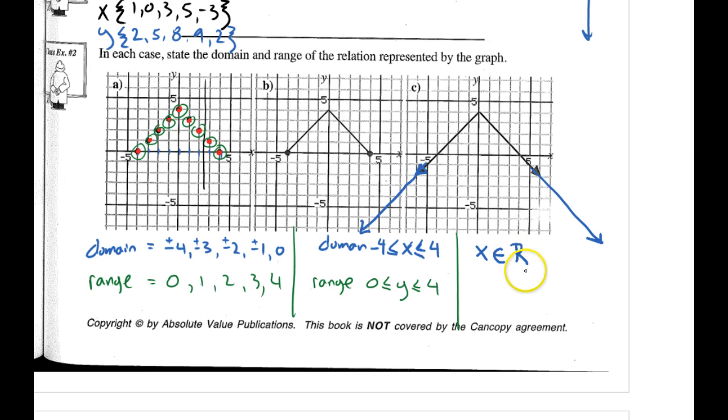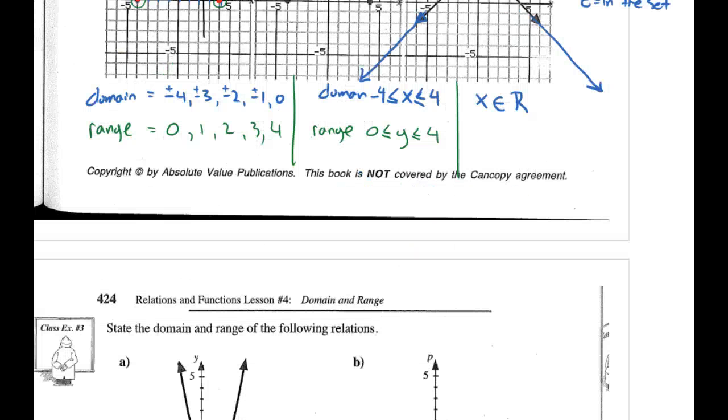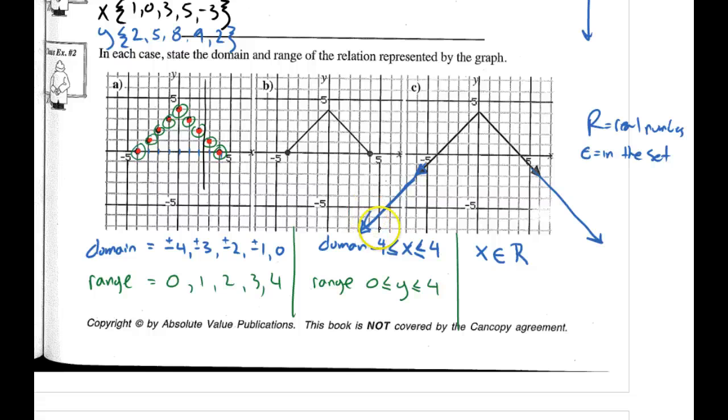Remember, R stands for real numbers, and this little e here stands for "belongs to" or "in the set." So x belongs to all the real numbers, and that's true, right? If this keeps going forever on both this way and this way, it'll keep going forever.